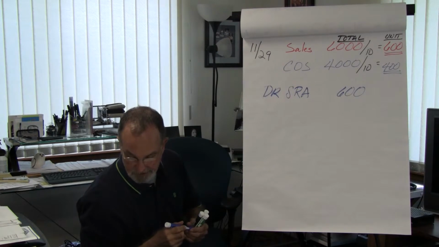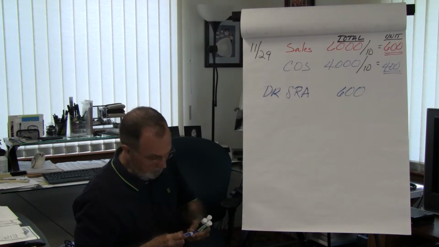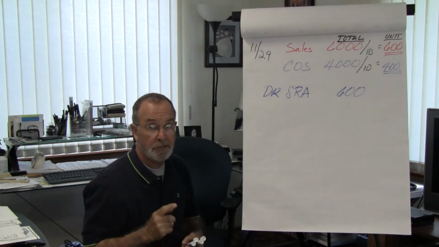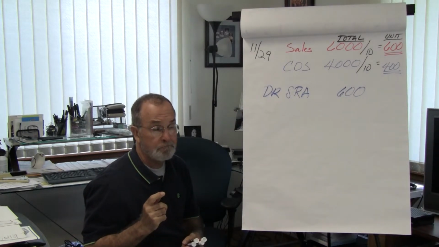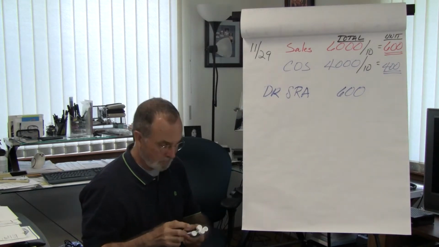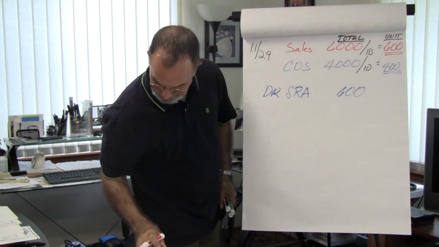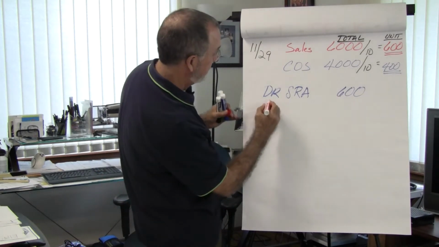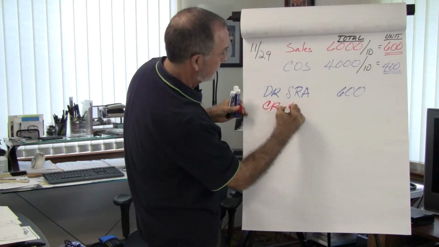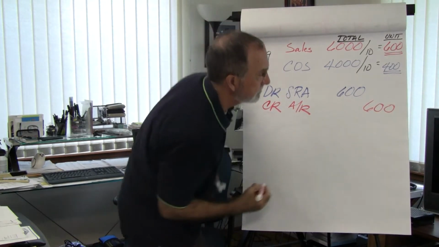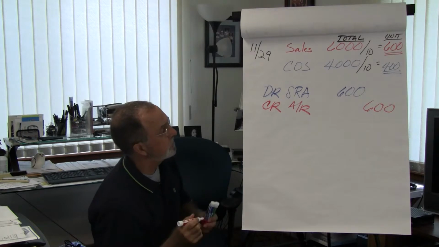And the transaction says that credit was given to the customer, and since that sale was made on credit and we had added the total sale amount to accounts receivable, we need to show that the accounts receivable from Nancy's Gym will be reduced because of this return, $600.